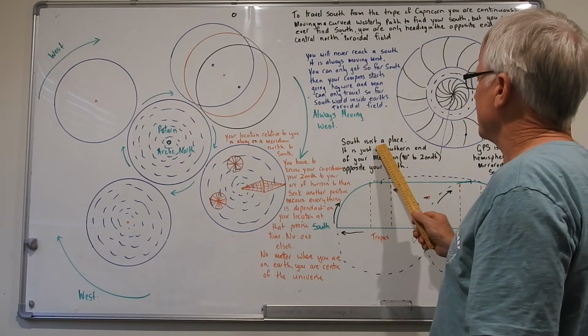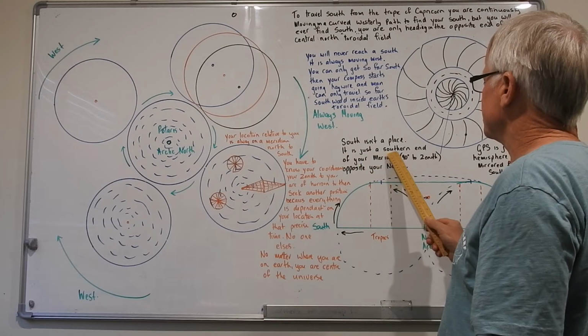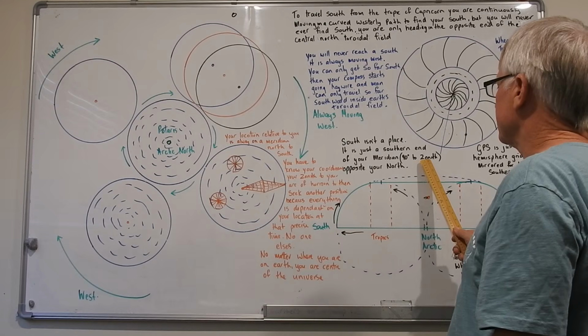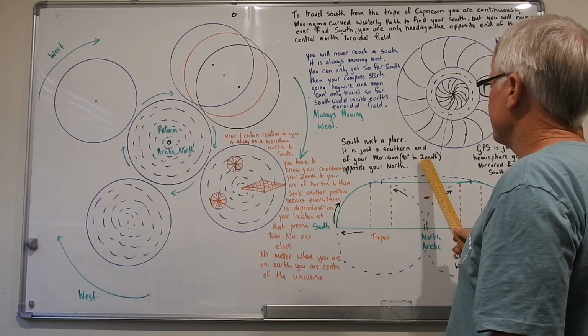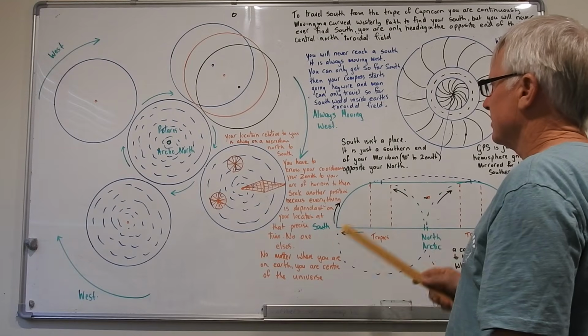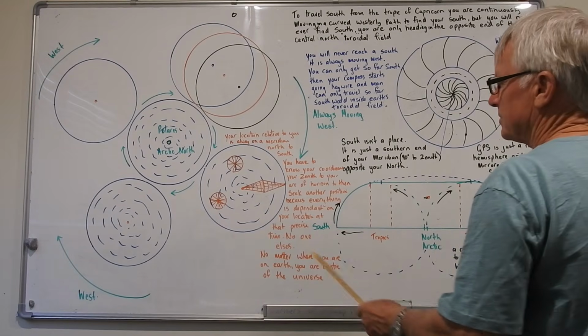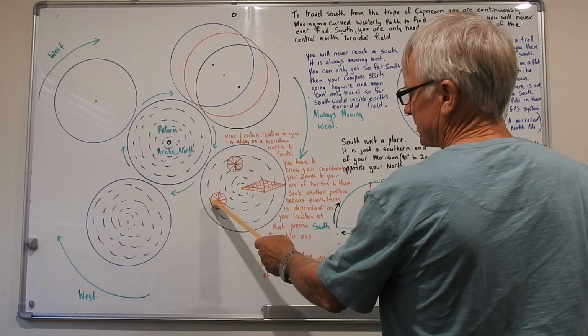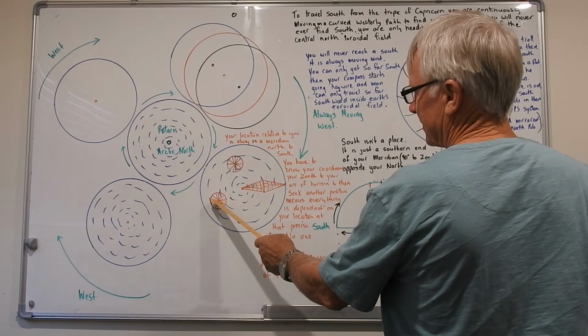So south isn't a place. It is just the southern end of your meridian, 90 degrees to zenith of your arc of horizon, opposite your north. Your arc of horizon, you are there. That's your location on Earth. Everything comes back to you. This is relativity.